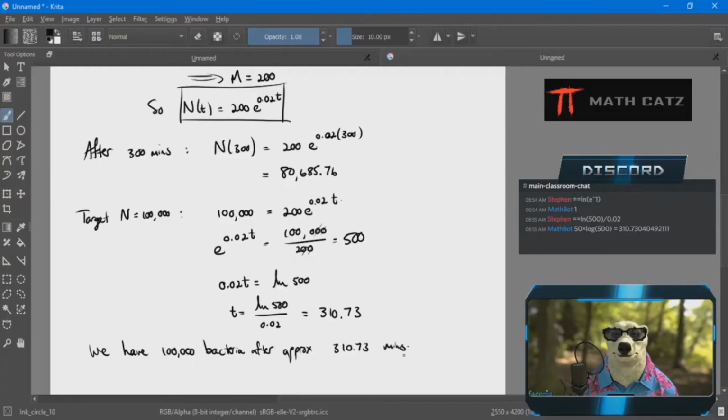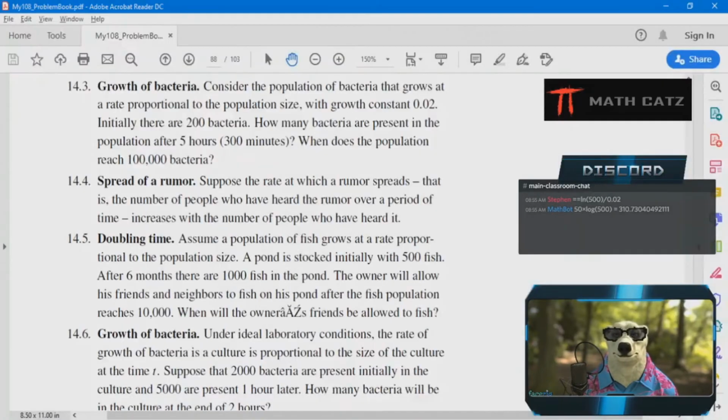310.73 minutes. So the point here is we have a question that's answered really in two parts always. The first part is translating the key information about how the population grows. And for our purposes, it's always going to be at a rate proportional to the population size. That translates to a differential equation.